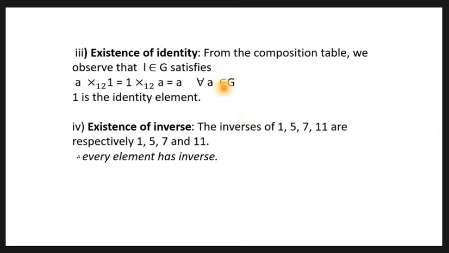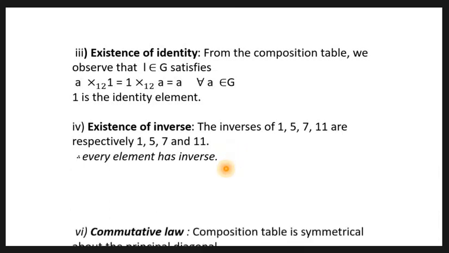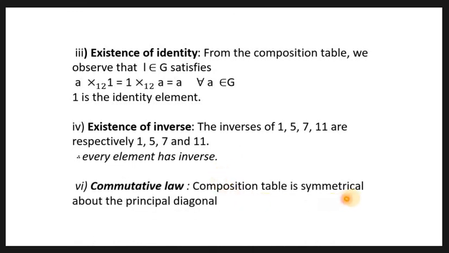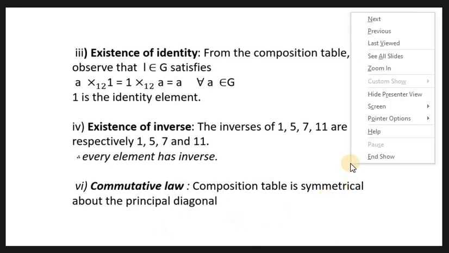Now all the 4 properties have been satisfied. So it is a group. And in order to show that it is an abelian group, we have to prove one more property, that is the commutative property. From the composition table, it is very clear that it is symmetrical about the principal diagonal.